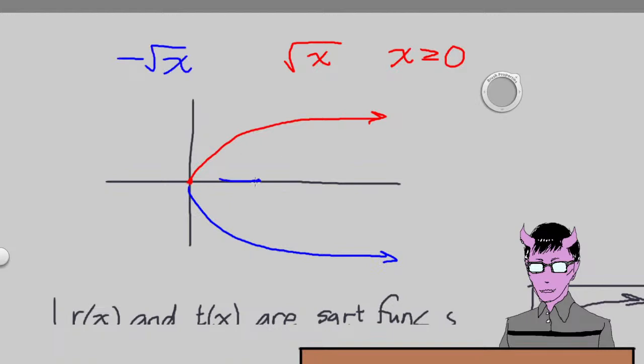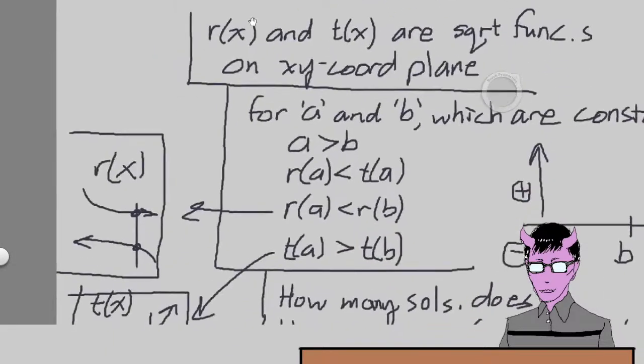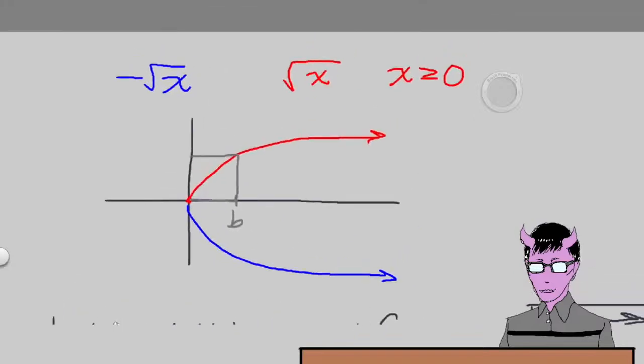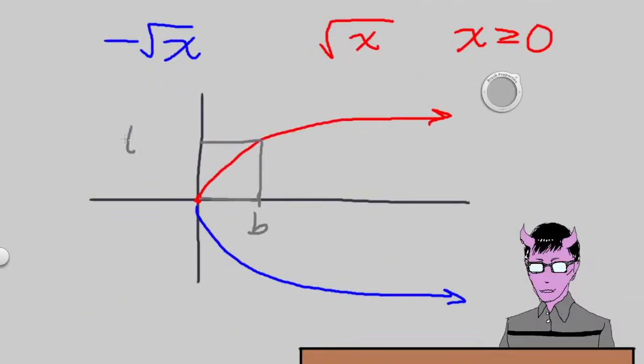So again, this b value leads to this smaller y value than does this a value, which leads to this one. I think that's confusing. Let me write that down. So again, if we have a b value right here, it leads us to this y value, which we call, what was it? T of x was the top one. Okay, so this is t of b.